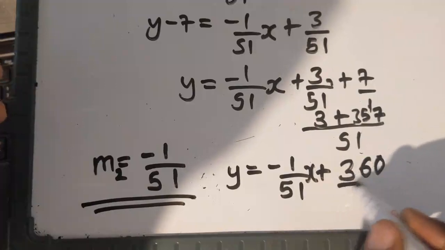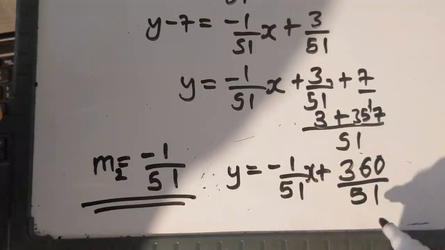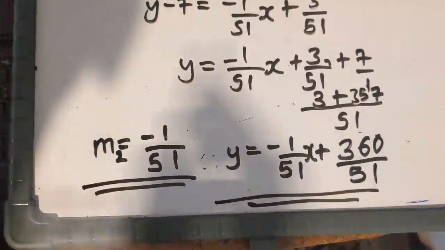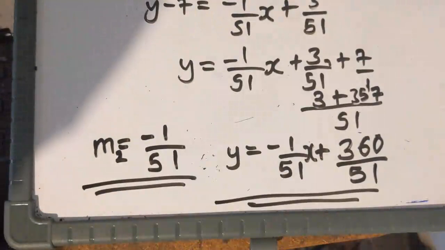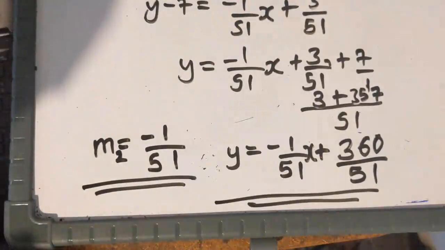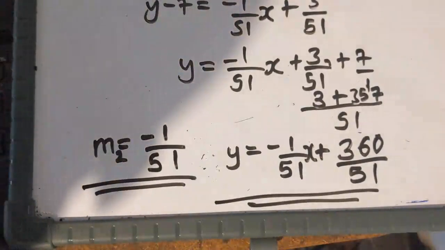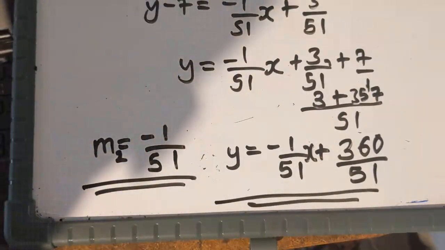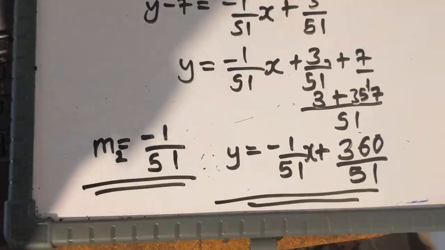Then this is the equation of the normal. So that is what you are supposed to do when you are told to find the equation of the normal. One thing that you need to know is that the equation of the normal uses the gradient m2.